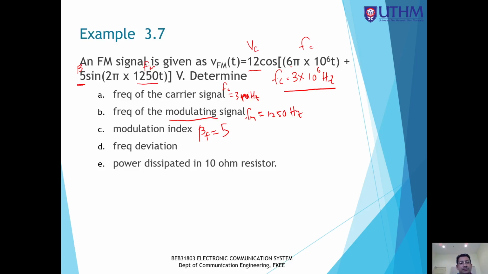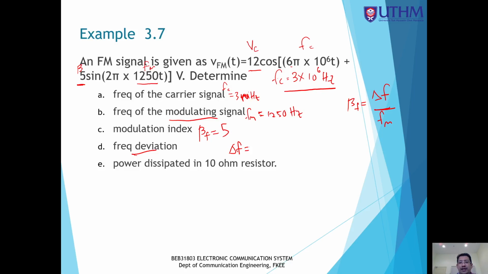And then frequency deviation, which is delta f. So delta f is actually equal to beta f times fm. If you remember, as we have learned previously, beta f is equal to delta f divided by fm.